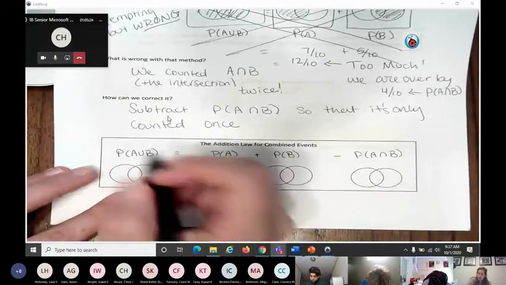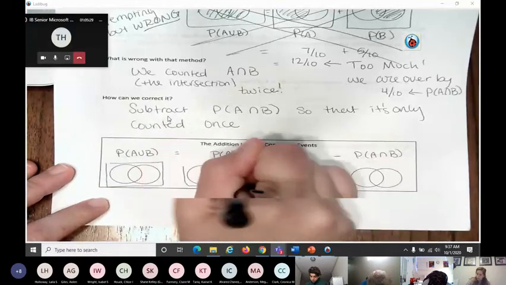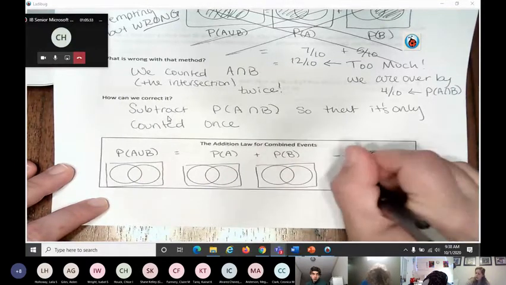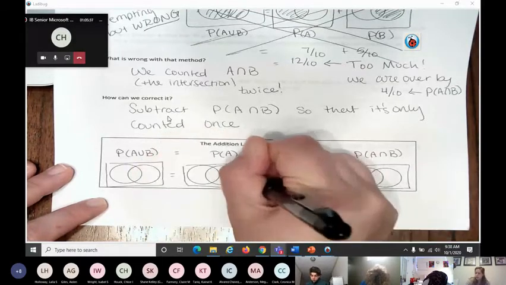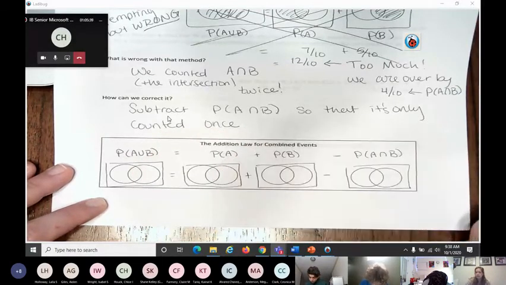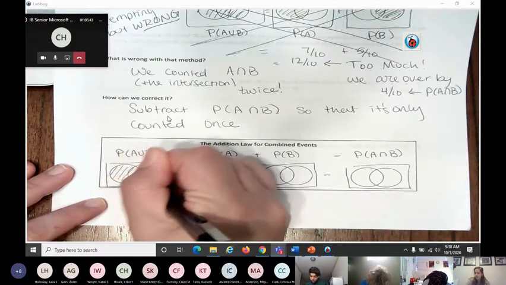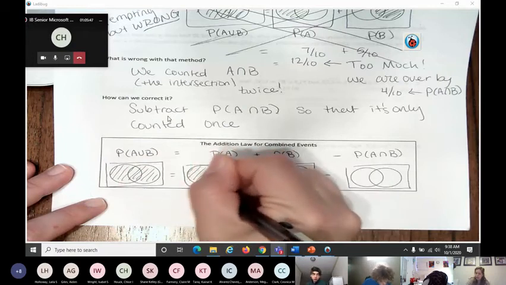All right, and then down here, I'm going to draw them in visually so that you can see what we're doing. So we have equals, plus, minus. The union of A and B is going to be all this stuff. P of A is all that stuff.